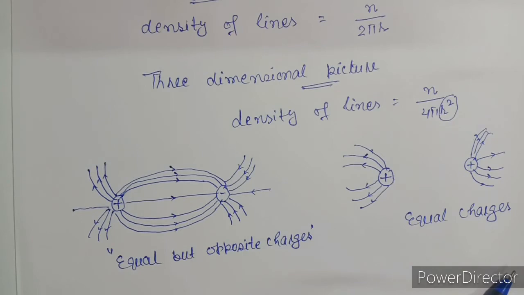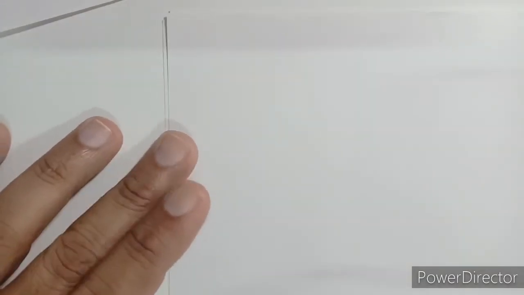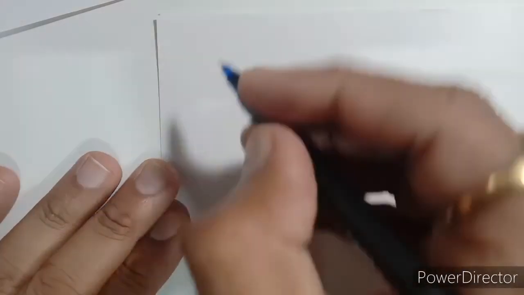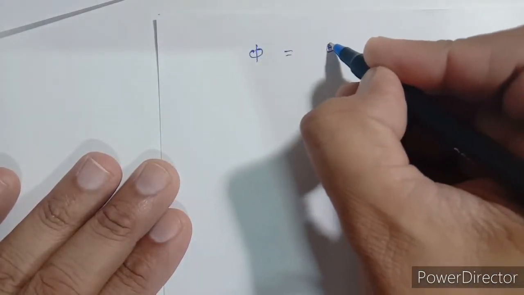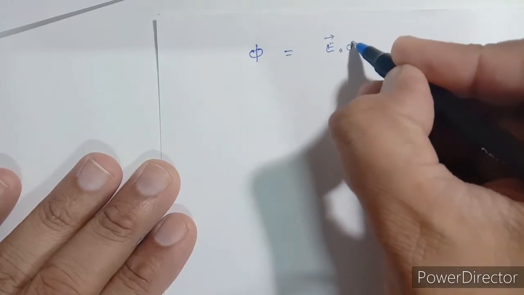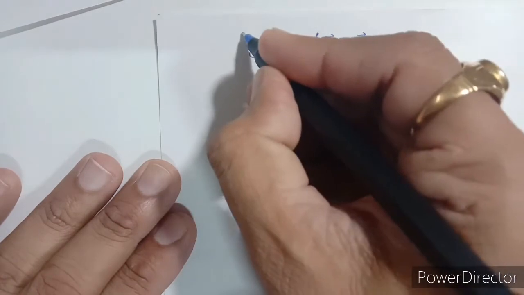Now here, as per this model, mathematically flux is equal to the surface integral of E dot dA.